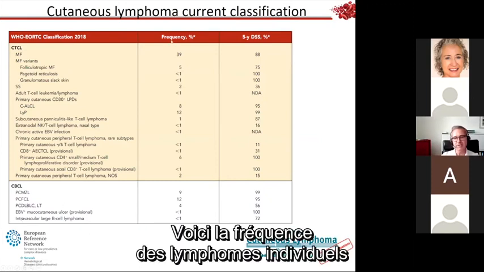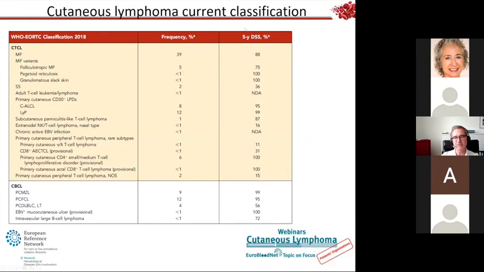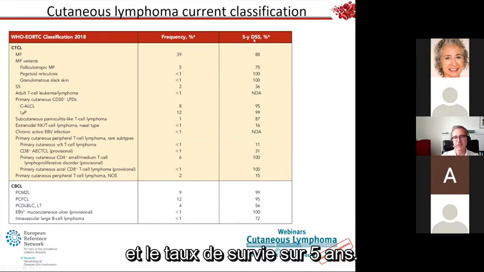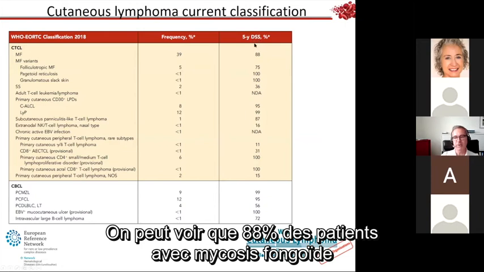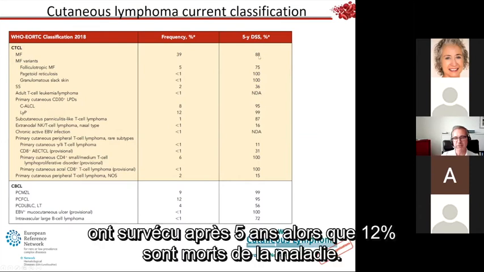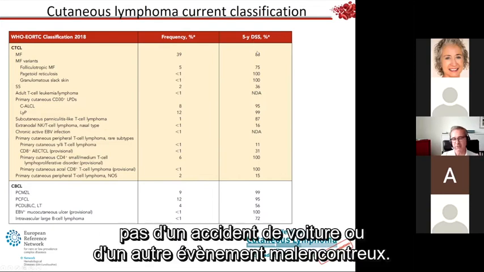This is the frequency of the individual lymphomas, and this is the 5-year disease-specific survival. So it tells us 88% of patients with MF survived after 5 years, and 12% died from the disease, not by a traffic accident or by any other unhappy event.